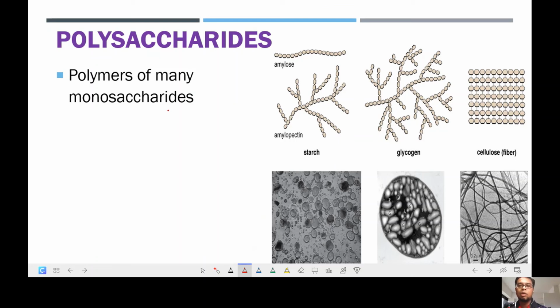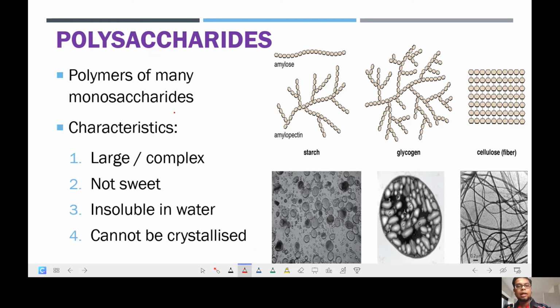And if you want to break down the polysaccharide, then the process of hydrolysis needs to occur. The characteristics of the polysaccharides are that they are all considered large molecules or complex sugars. They are not sweet, they are not soluble in water, and they cannot be crystallized.